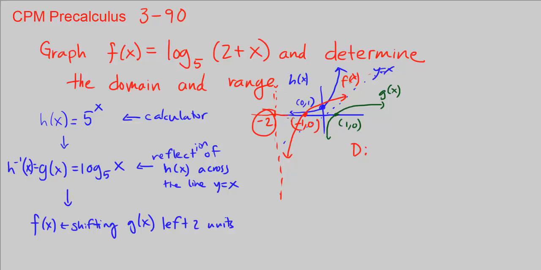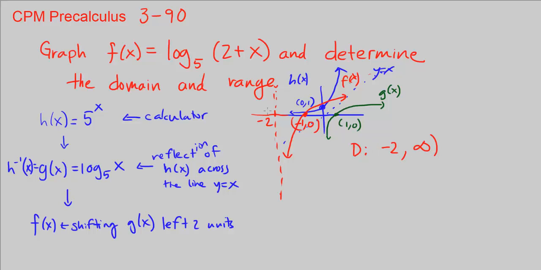It's after the vertical line at x is equal to negative 2. So starting at negative 2 and everywhere to the right, we have output values. So our domain is going to start at negative 2 and go to the right to positive infinity.